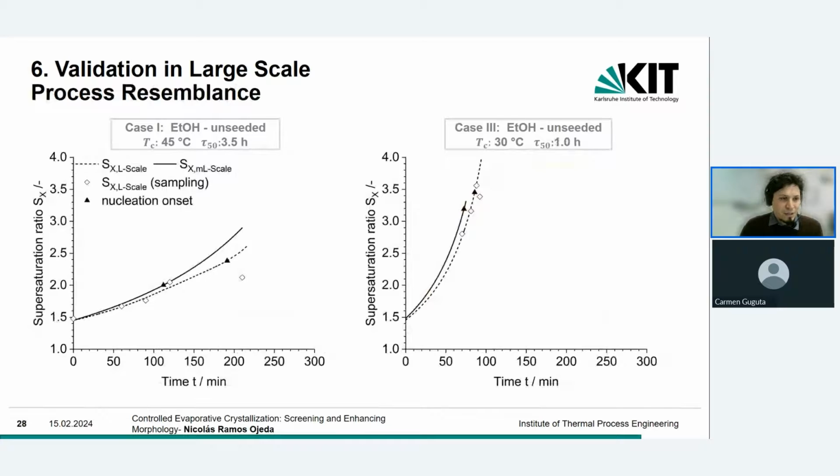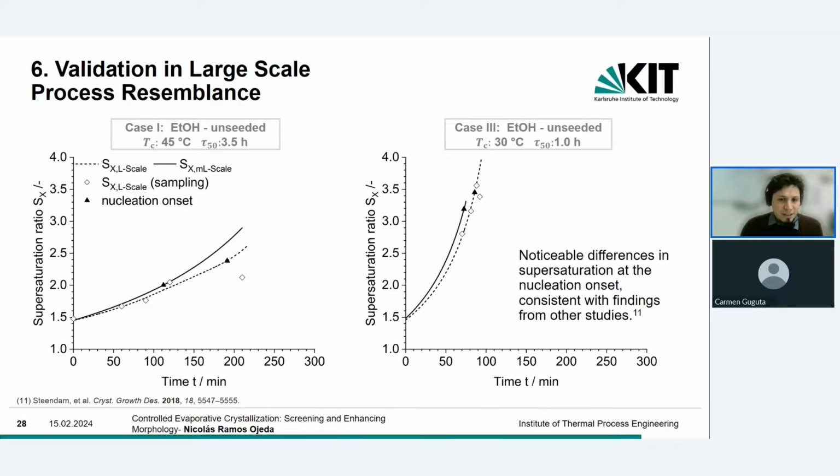Now, regarding the process resemblance, here is the supersaturation over time for the liter scale and the milliliter scale. Overall, the supersaturation proceeded under very similar conditions at both scales. There is only a significant difference in the supersaturation level at the moment of the nucleation onset, which is not a rare phenomenon.